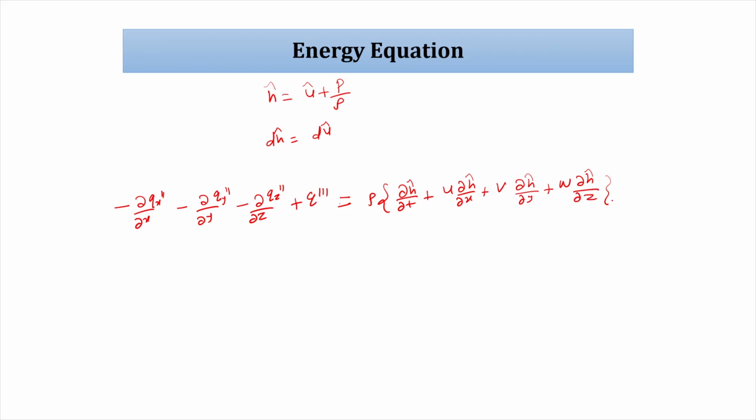We can write down, isn't it? And dh equal to cp dT we can write.